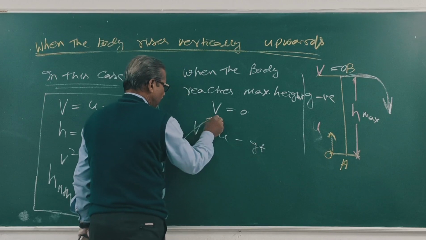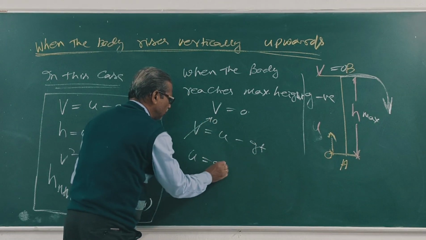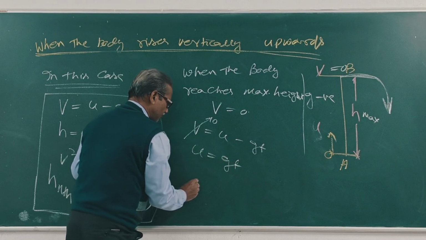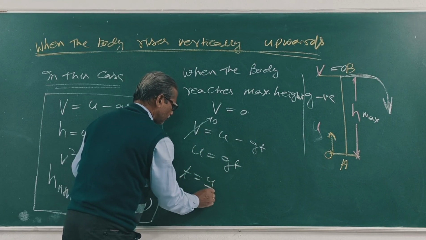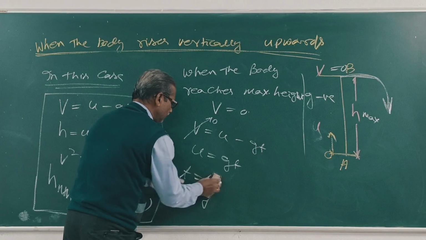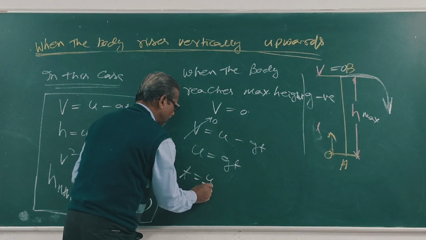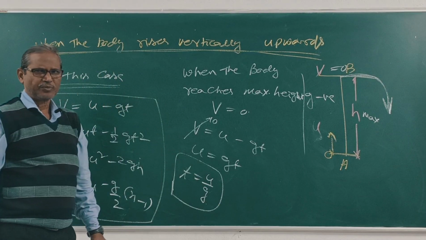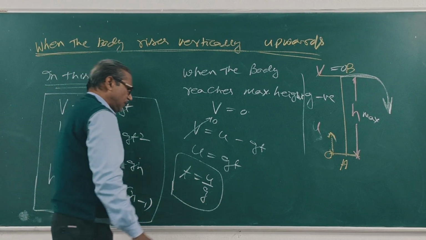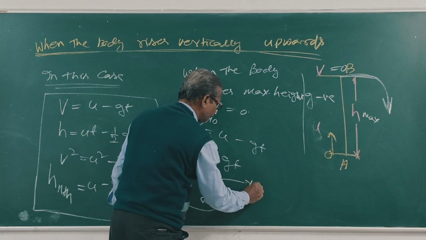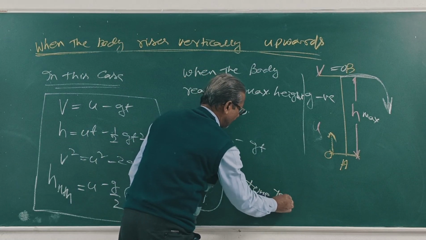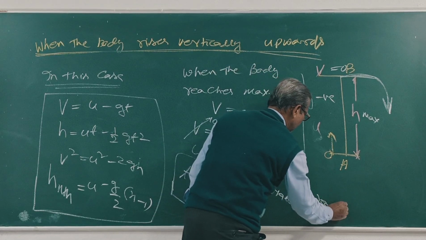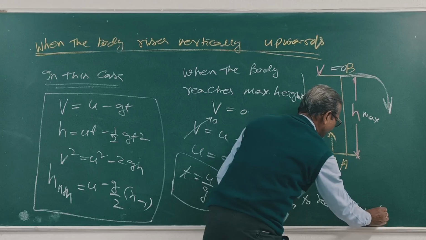So u is equal to gt, and t is equal to u by g. This is the time taken to reach maximum height.